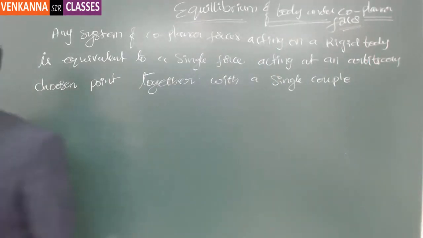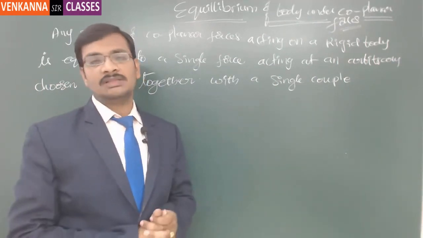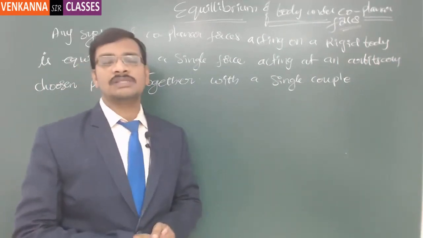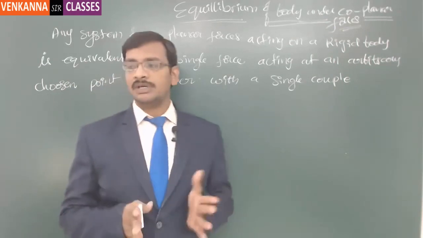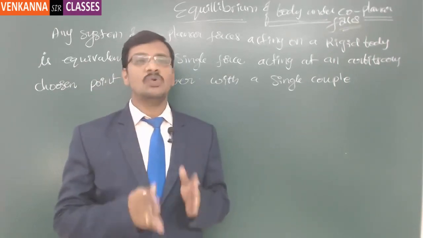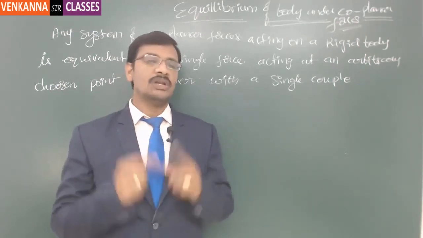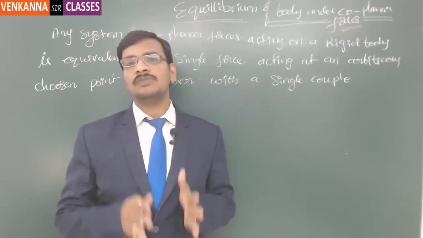So the understanding here is, the problem that comes with this kind of case: suppose there is a single force, then straight away we can say that because of the single force there can only be a linear motion, right? So with only one force there is no possibility of equilibrium of the body.